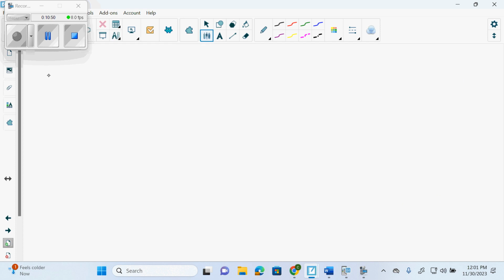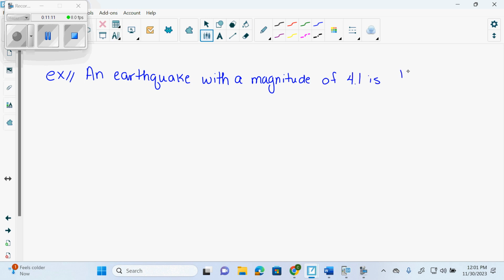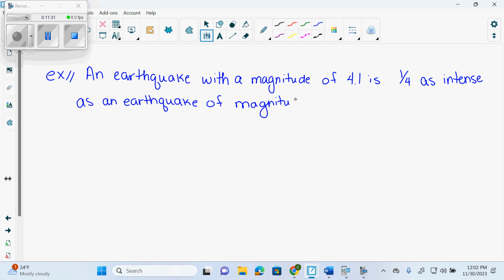Okay, here's one for you guys to try. An earthquake with a magnitude of 4.1 is a quarter as intense as an earthquake of magnitude... We have here an earthquake with magnitude 4.1.